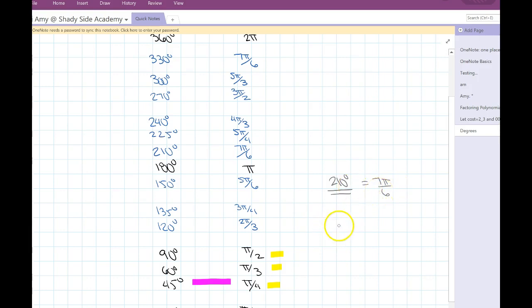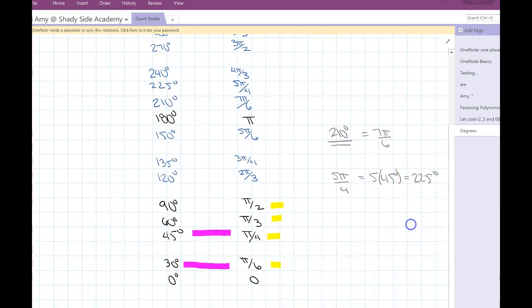Similarly, if you're going from radians to degrees, if we have something like 5 pi over 4, well, this is just 5 times pi over 4, or 5 times 45 degrees, which is going to equal 225 degrees. Okay, so knowing these two pieces of information is really, really helpful. And you may not believe me right now, but in not so very long of a time, you will be able to go back and forth between degree measure and radian measure very, very swiftly.